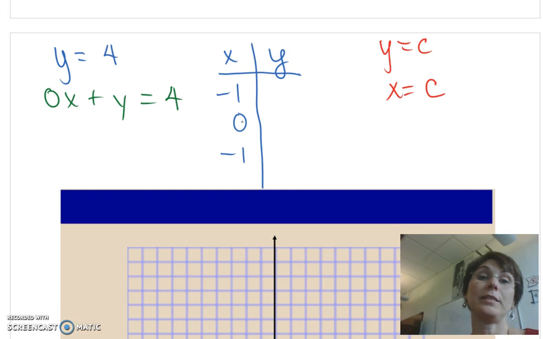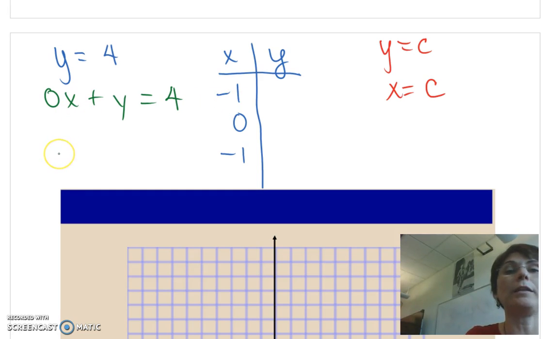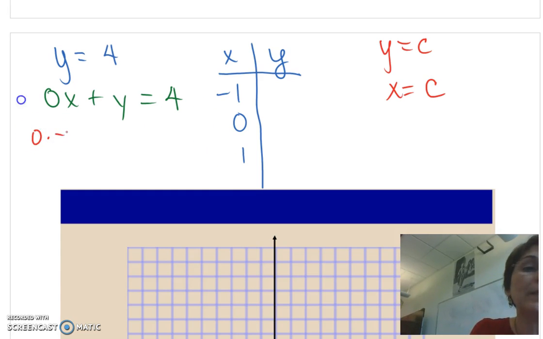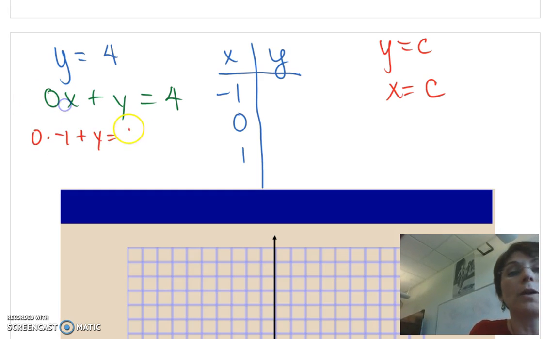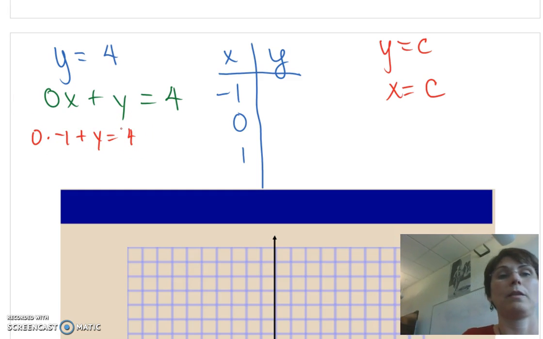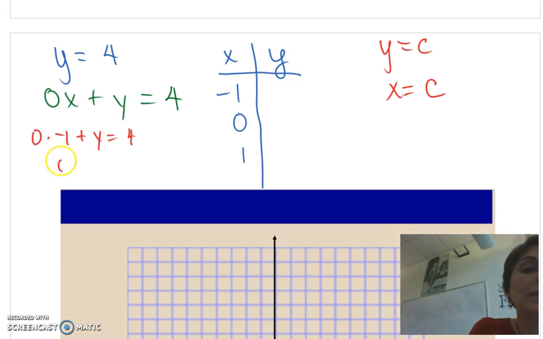So for example, let's use -1, 0, and +1. If I put -1 in the place of x, I'm going to get 0 times -1 plus y equals 4. And when I do that, I end up with 0 plus y equals 4, so y equals 4.